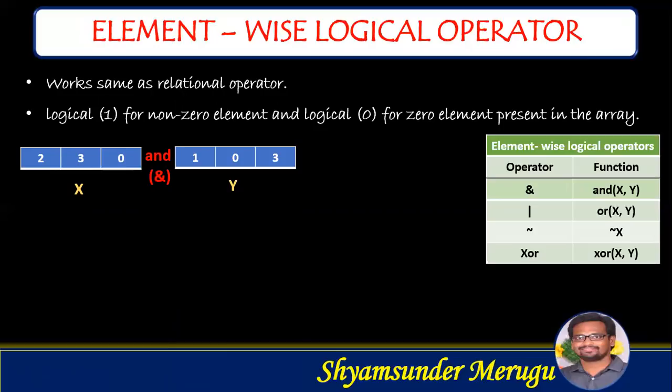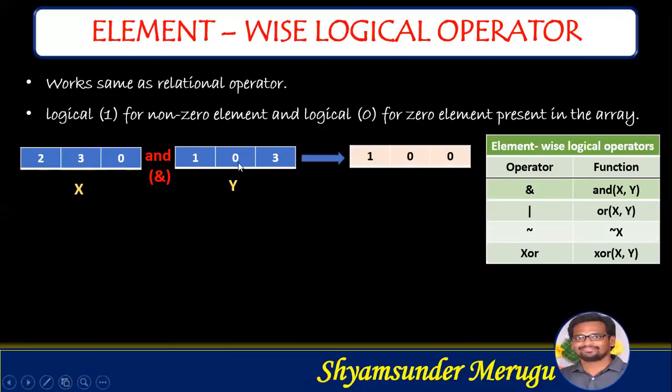Remember, when the AND operation is performed, if any one of the inputs is 0, then we get logical 0 as the output. If both the inputs are non-zeros, then we get the output as logical 1.